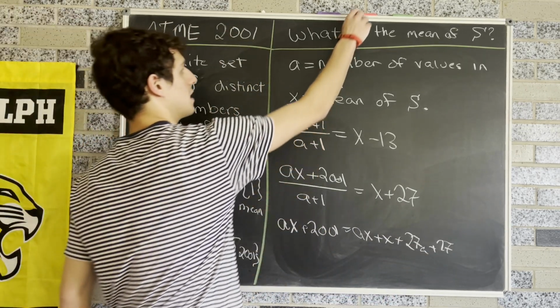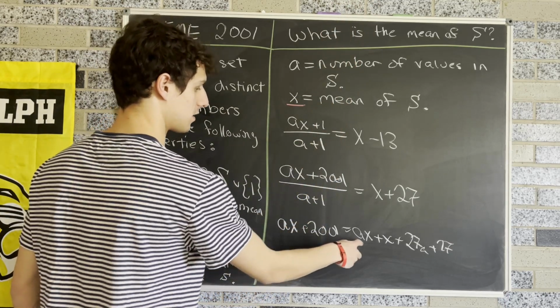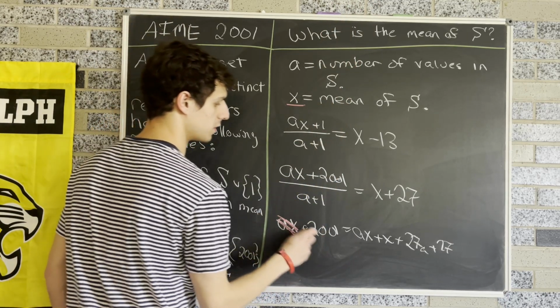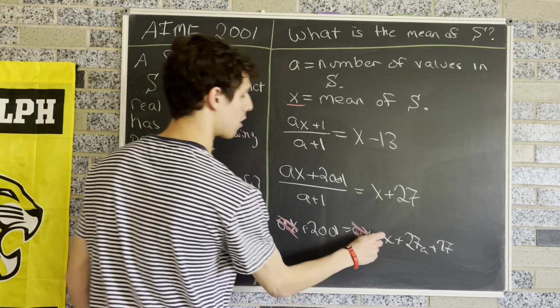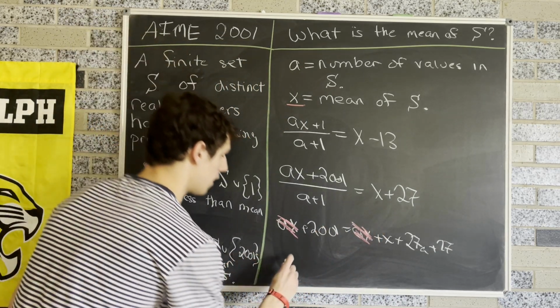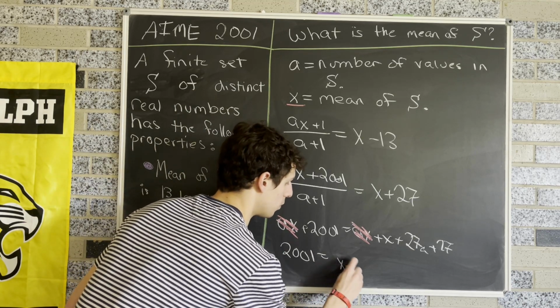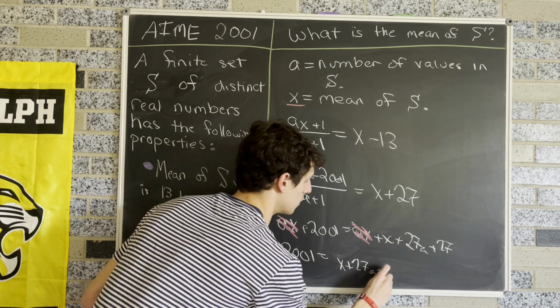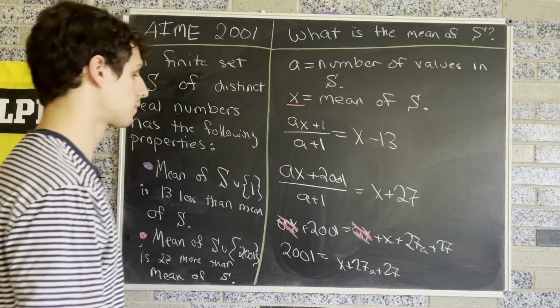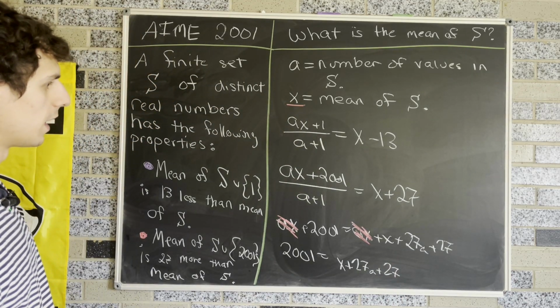But then we can simplify this a little bit. We can get rid of these AX terms because subtracting from both sides will just cancel them out. So we're left with 2001 is equal to X plus 27A plus 27. Okay, that's not too bad.